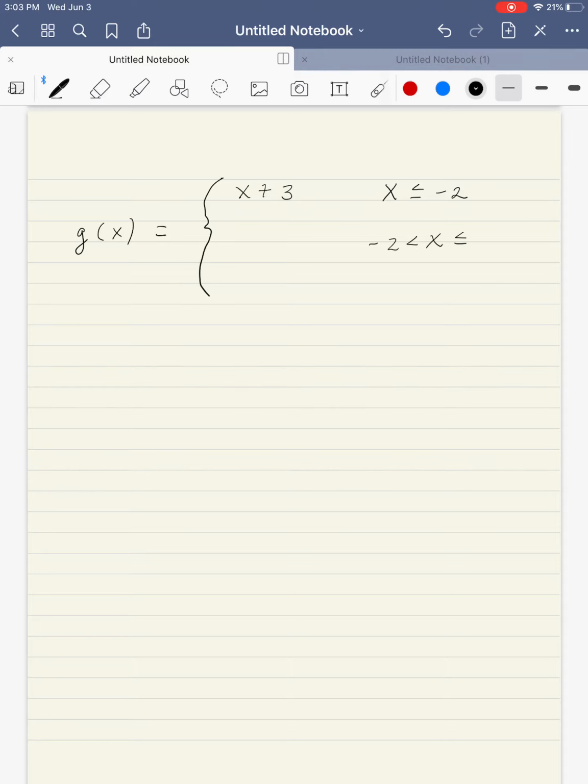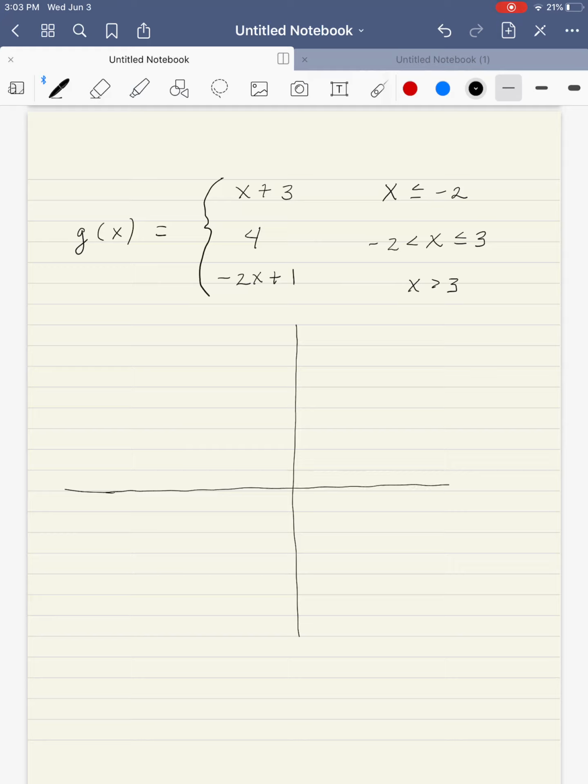And let's say that when x is between negative 2 and 3, including 3 but not including negative 2, it is 4. And when x is greater than 3, not including 3, it is negative 2x plus 1.